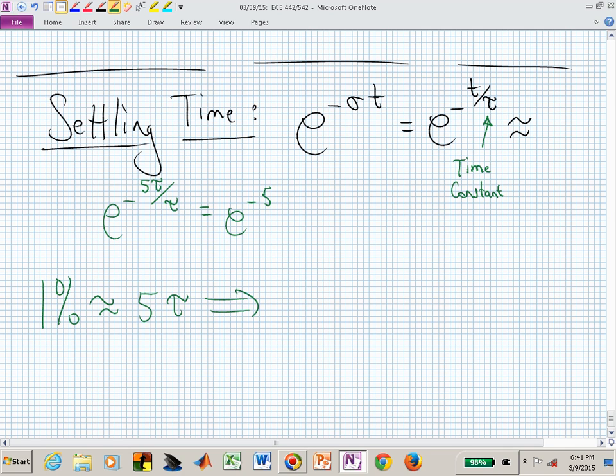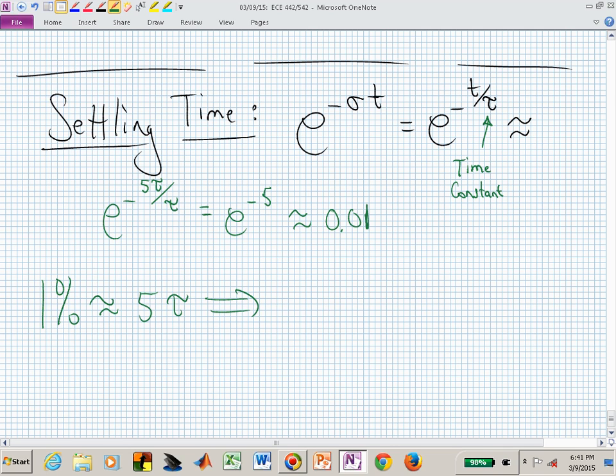What's e to the minus 5? A very small number. It's less than 0.01, and we just approximate it to be 0.01, which is our 1% of where we started. That's where that 1% settling time is coming from in the 5 time constants relationship.